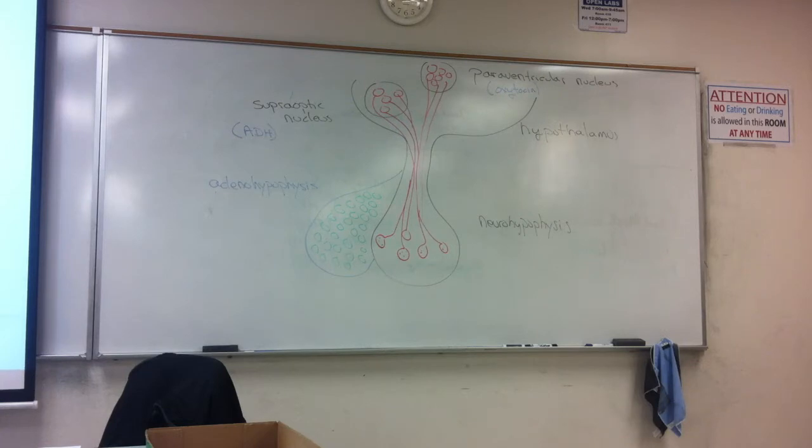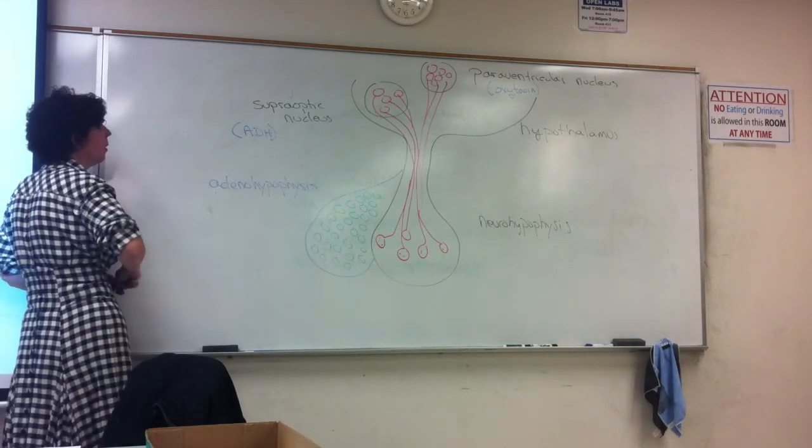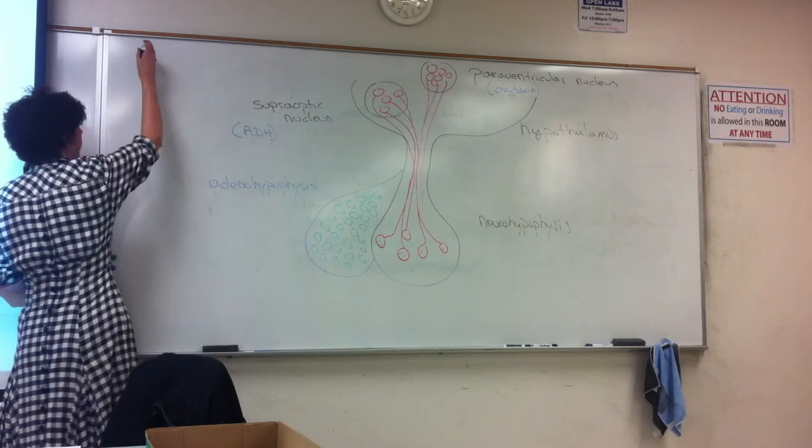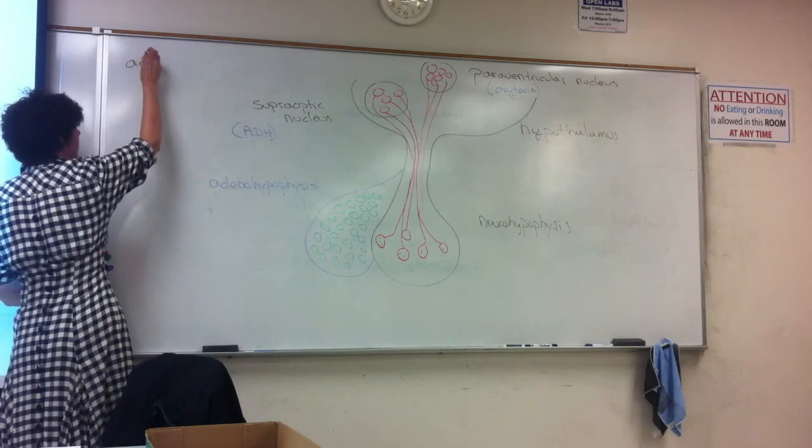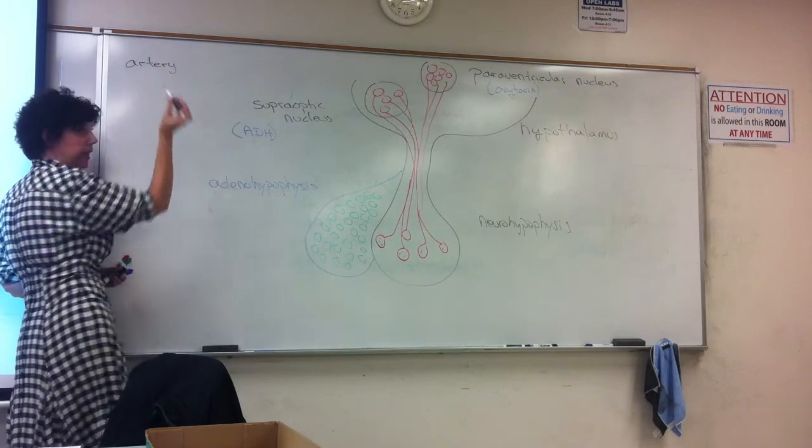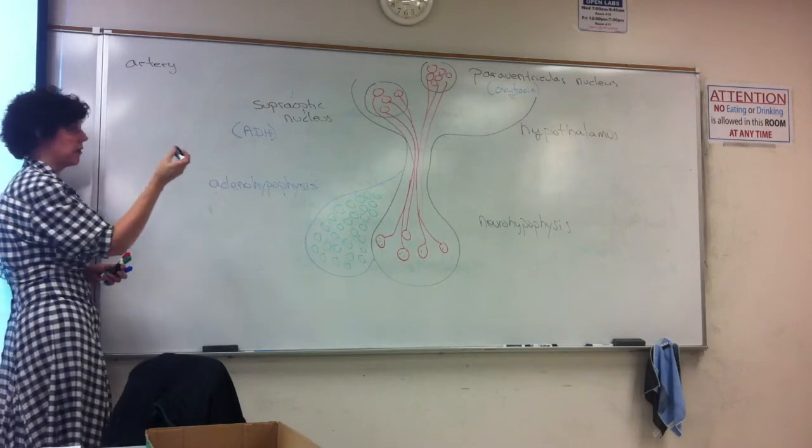So we need to identify what a portal system is first. We haven't done the vascular system yet, but most of you kind of know the sequence: arteries, capillaries, veins. So we put that up here. The normal pathway from the heart is an artery carries blood. The aorta is the largest artery.